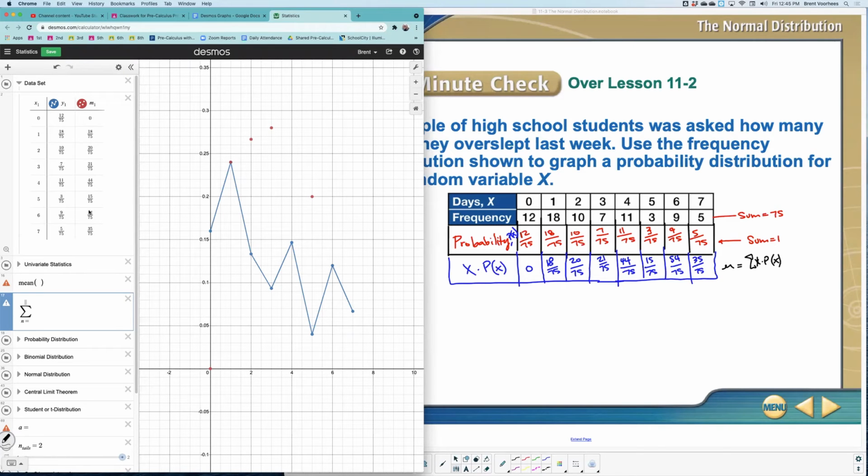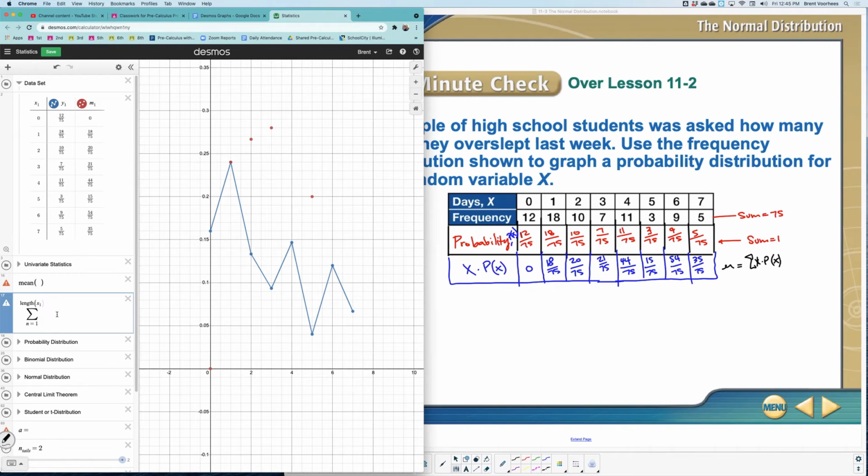How many are in the list? There's 8 total. From 0 to 7 is 8 total. And here's a trick, the length of x1. So that means it's just going to run all these numbers in here.